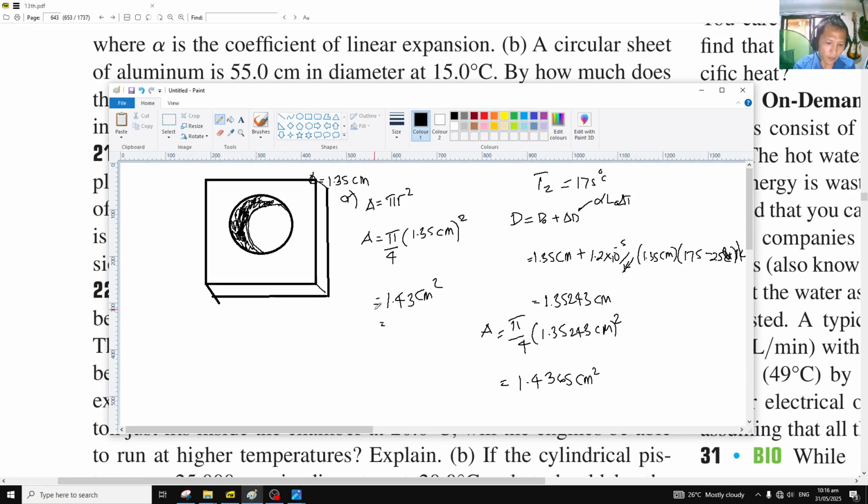For the original, pi times 1.35 squared divided by 4 will give us 1.431.